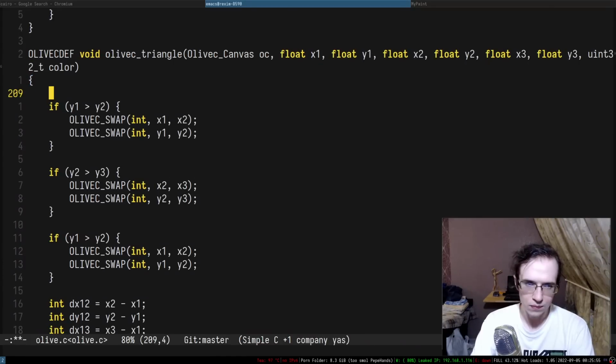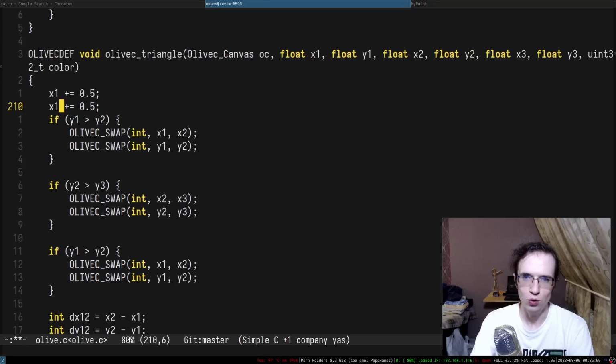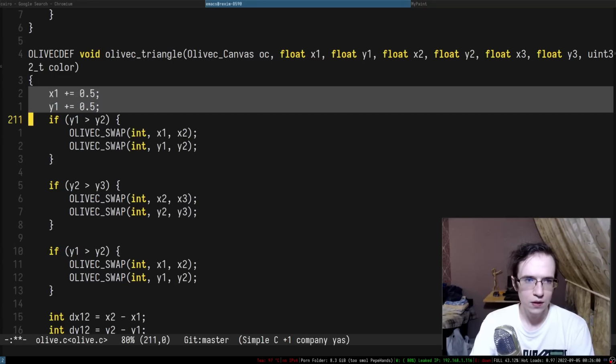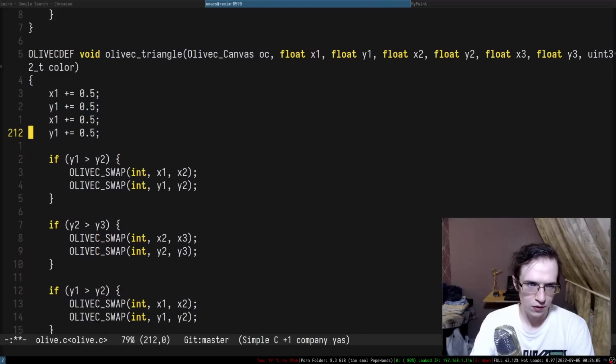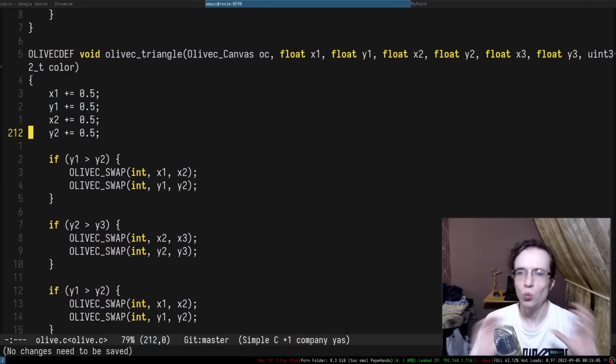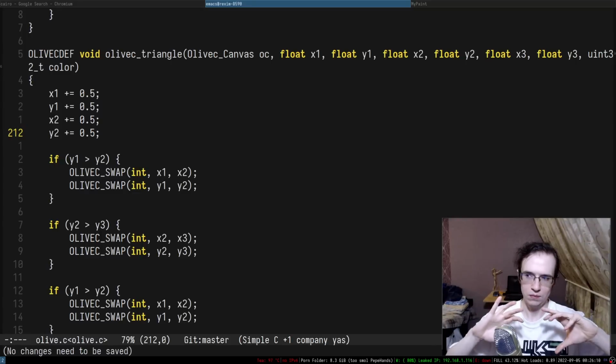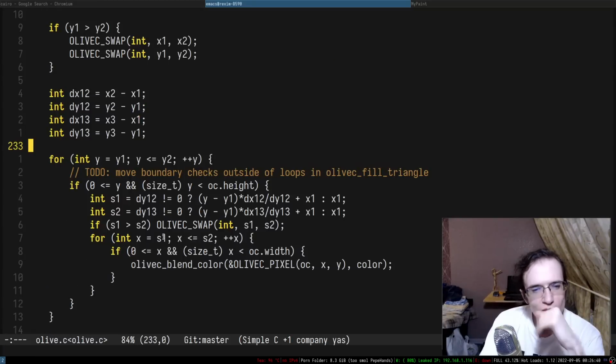Float X1 plus half. So we have to add half to all of them. Y1 plus half, and the rest of the stuff is like this. So we're starting at the center of them, right?